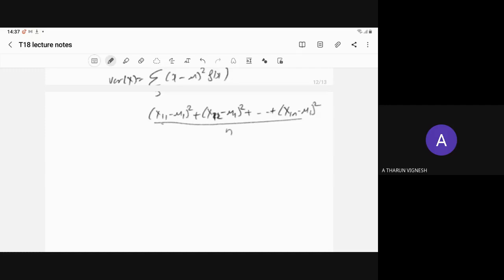After squaring the difference, we have neglected the sign of plus or minus. To overcome this difficulty, we take the square root of the variance. The square root of variance is the standard deviation, which we denote by sigma.